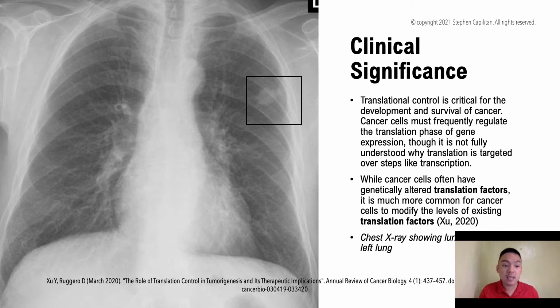This is a study done by Su in March 2020, the role of translation control in tumorigenesis and its therapeutic implications.